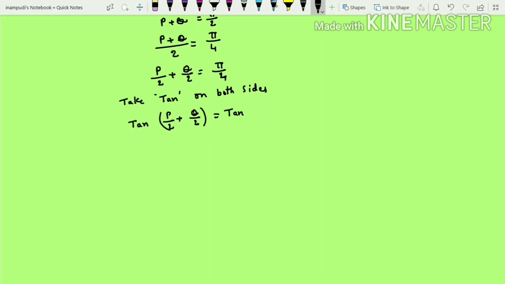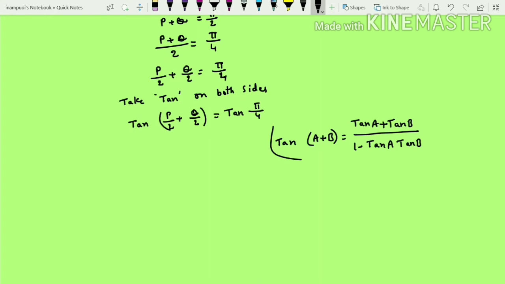Here tan of A plus B formula. What is tan of A plus B formula? Tan of A plus B equal to tan A plus tan B by 1 minus tan A tan B. Here in the place of A there is P by 2, in the place of B there is Q by 2.